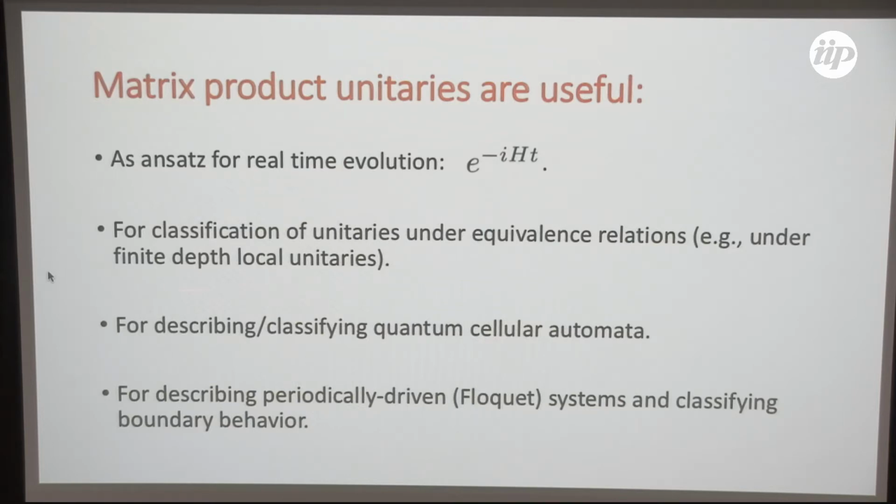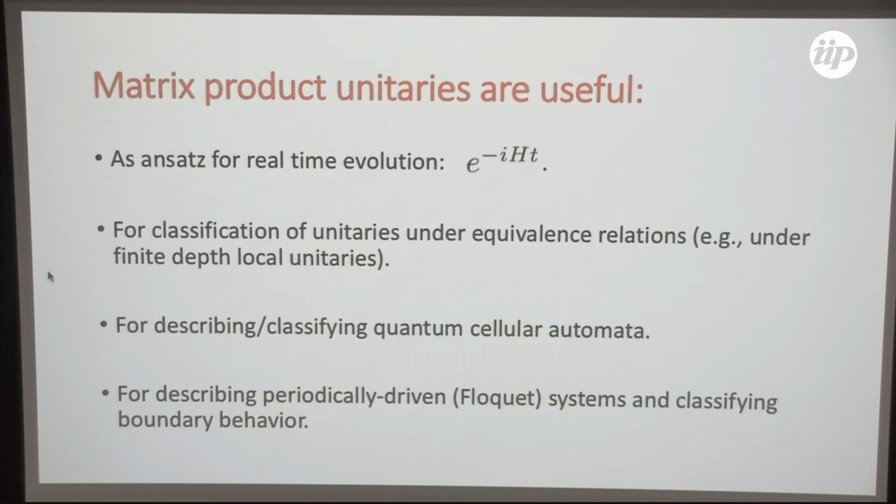And as happened for matrix product states, which people use to classify 1D gapped quantum phases, maybe we can also classify unitaries up to some local equivalence relation. It will happen that the equivalence relation that comes out of this result is finite depth local unitaries, as was the case for the classification of the gapped phases.